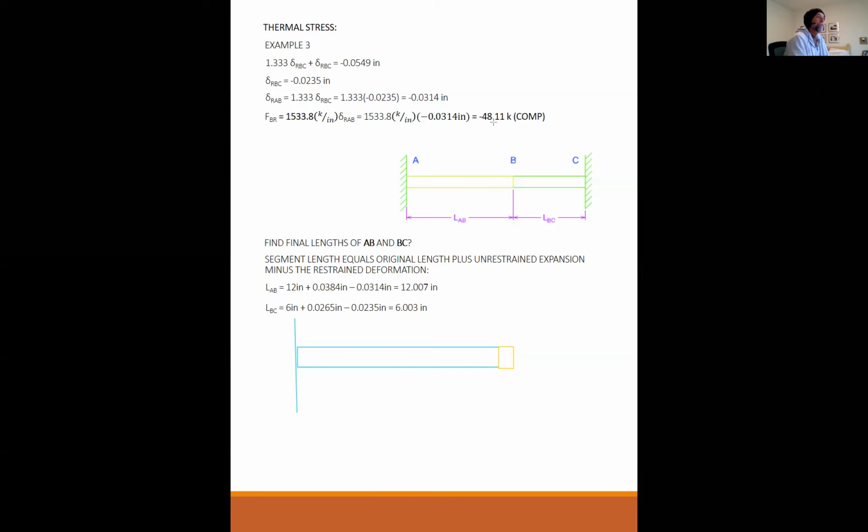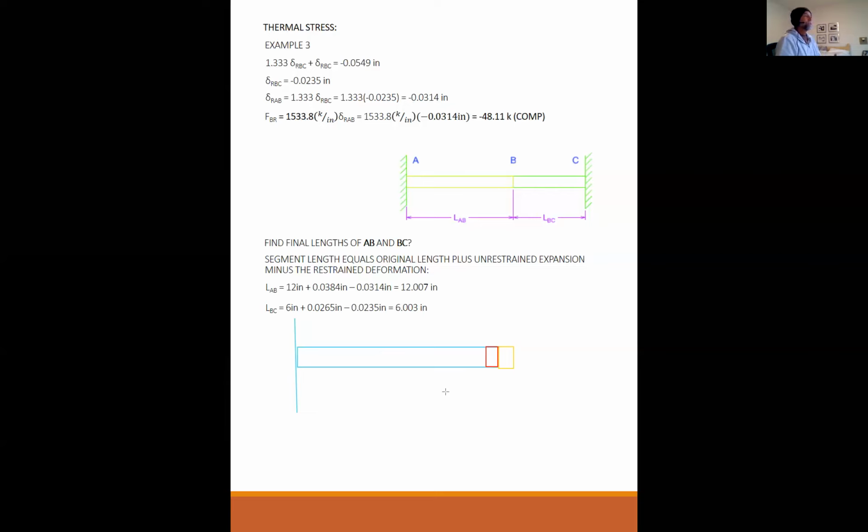And that restraining force we also calculated is in compression, so it is trying to make the rod shorter by some amount. This deformation is what we calculated right here, minus 0.0314.